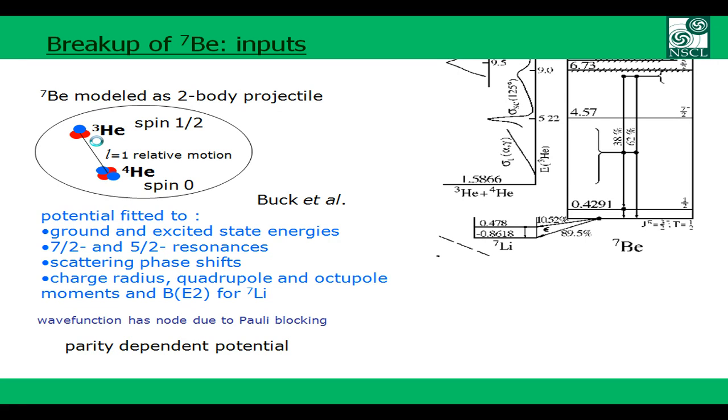Because for beryllium-7, not so much is known, but quite a lot is known on lithium-7, and because of the symmetry between the two systems, one can construct something that looks pretty constrained, that isn't as free as you might think if you let all the parameters run freely.